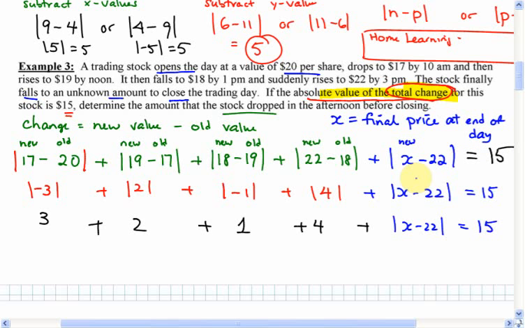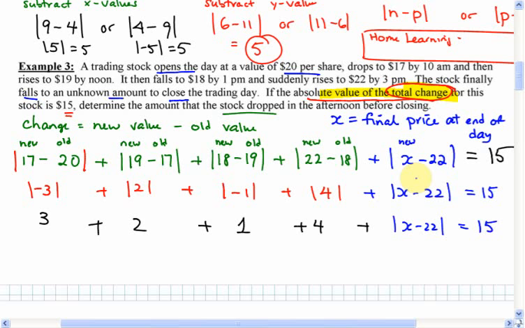And once again, I'm going to ask you, is that what we're looking for? It's good if you can read, by the way. Read the question. Determine what? I didn't actually tell you determine the final price. I said determine the amount that the stock dropped in the afternoon.